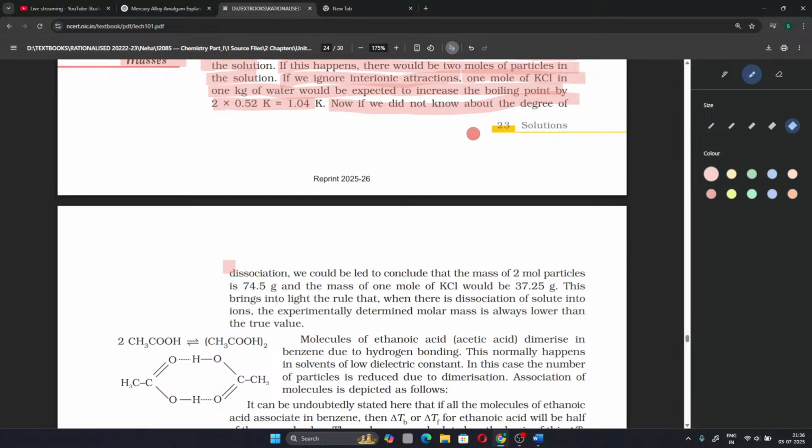But if we do not know about the degree of dissociation, we could be led to conclude that the mass of 2 mole particles is 74.5 grams. This leads to the rule that when there is dissociation of solute into ions, the experimentally determined molar mass is always lower than the true value.